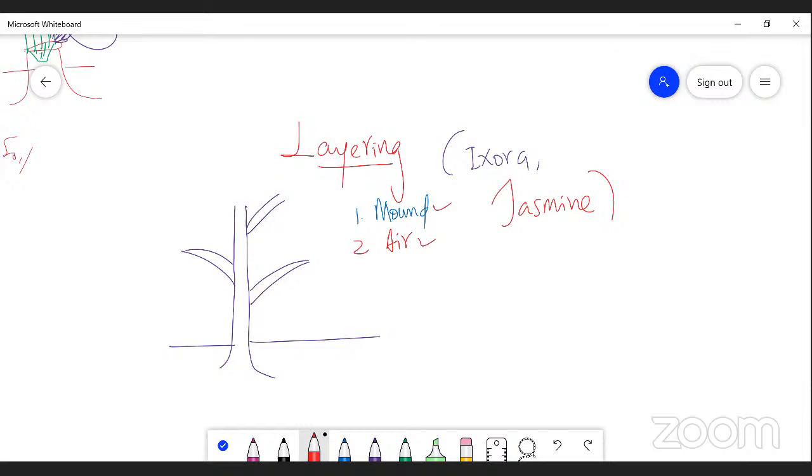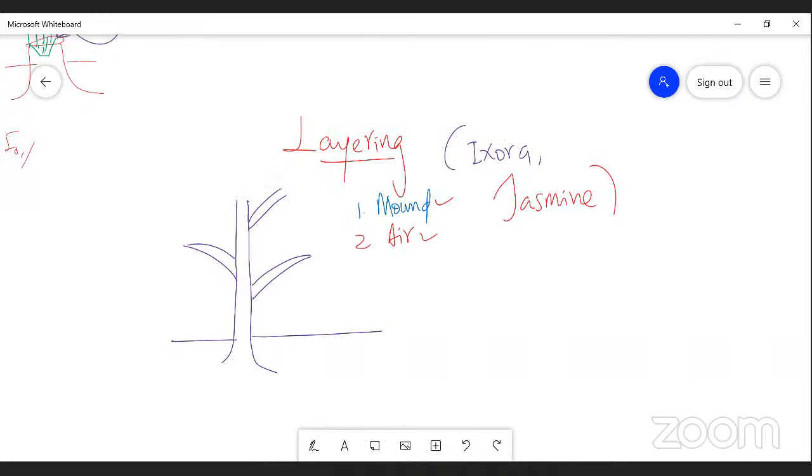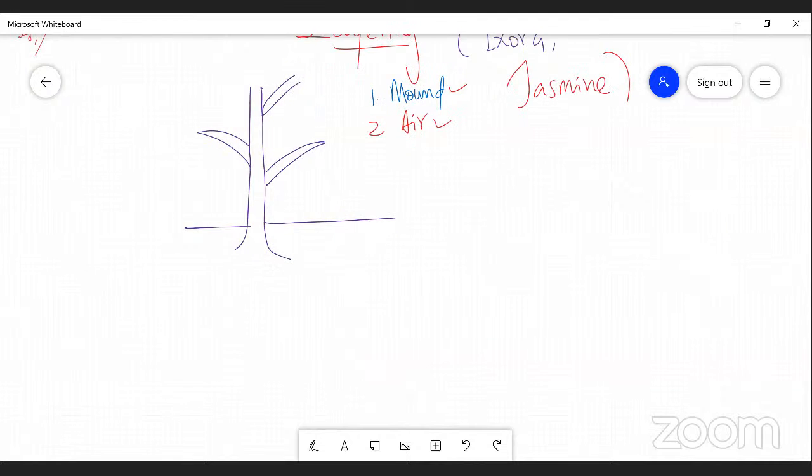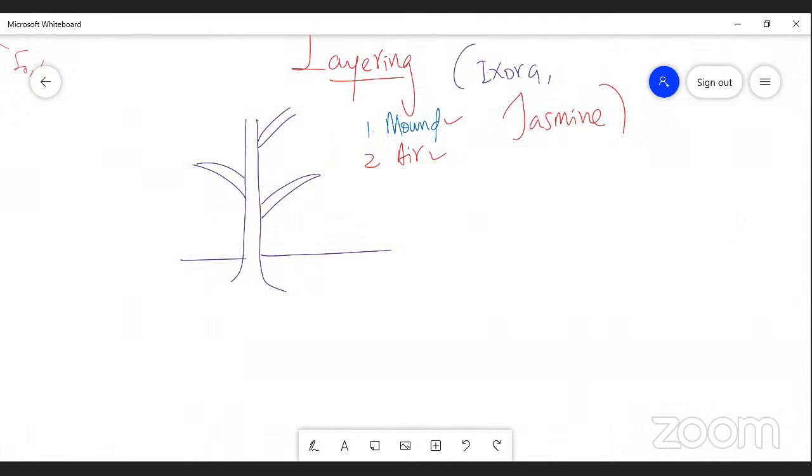I'm talking about the first type. Let me take mound layering first of all. Mound layering is one type of layering technique in which the lower branches of the stem are allowed to the soil or ground level.